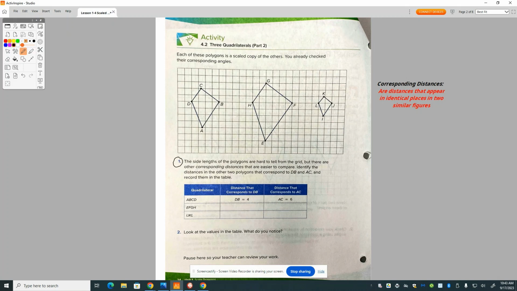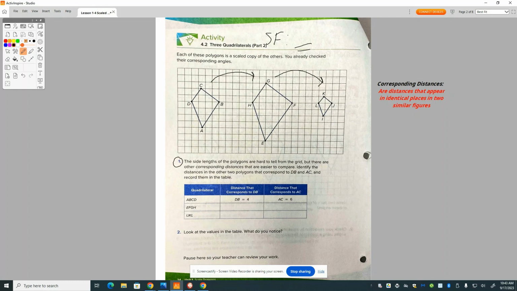Before we dive into the actual problem, I want to remind ourselves that we are dealing with scaled copies. That means that there exists a scale factor, some number, that when I multiply all the lengths of my original would equal the lengths of my scaled copies, or their corresponding parts would. If I were to check what that scale factor is, looking at my copies and my original, it is pretty hard to determine what the side lengths are.